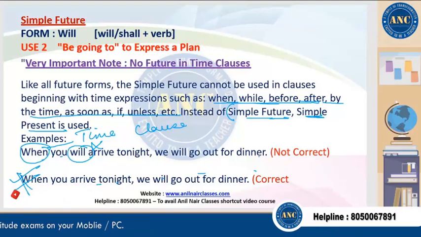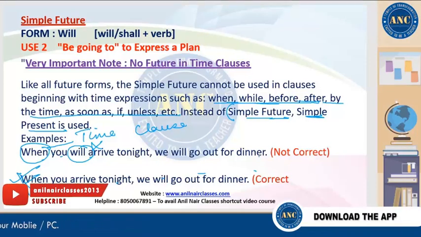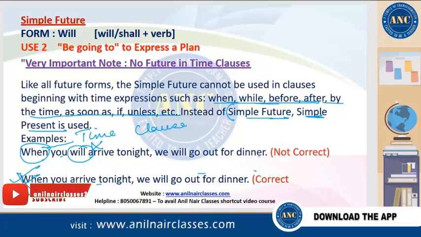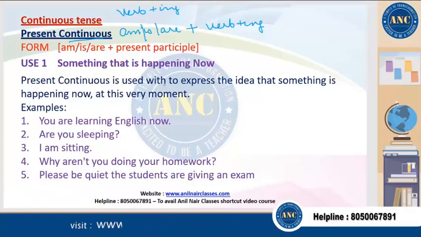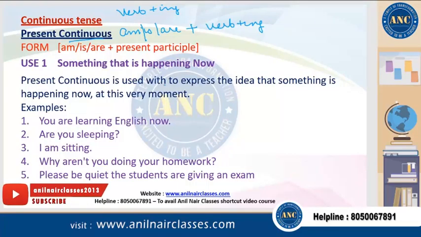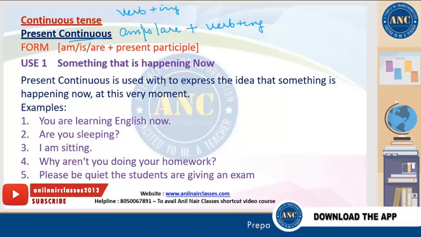Right? Something that is happening right now. For that we will use the present continuous tense. So present continuous tense is used to express that something is happening right now at this particular moment. That action is continuously going on. It started and right now it is also going on.